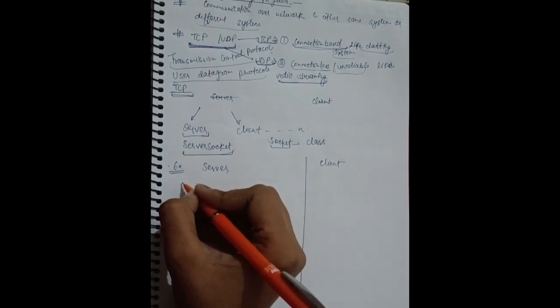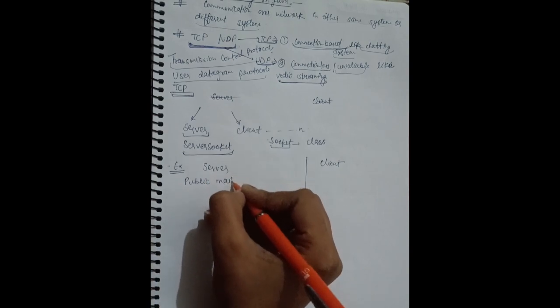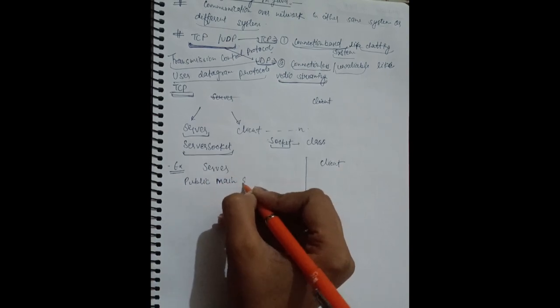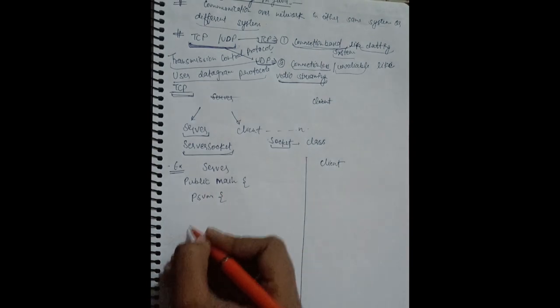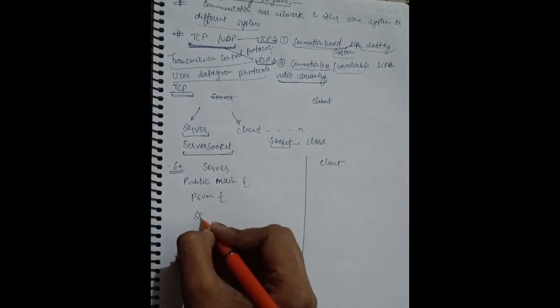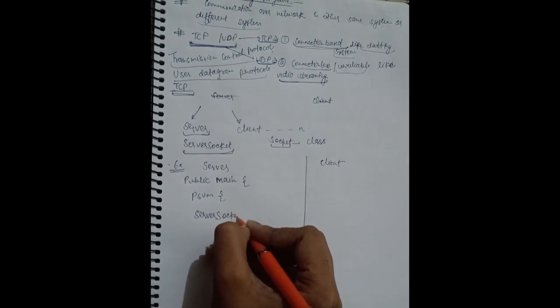Initially there is a public class and the public main method, which is common for all. First we create a ServerSocket.